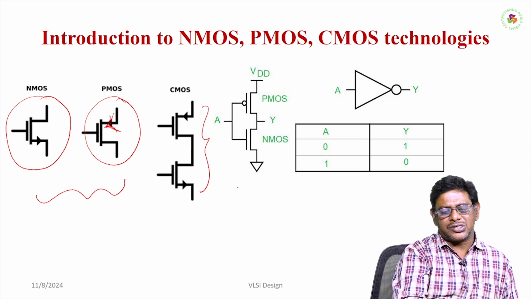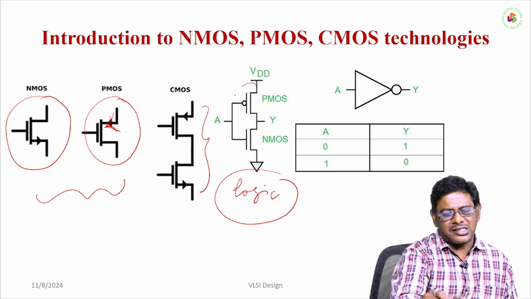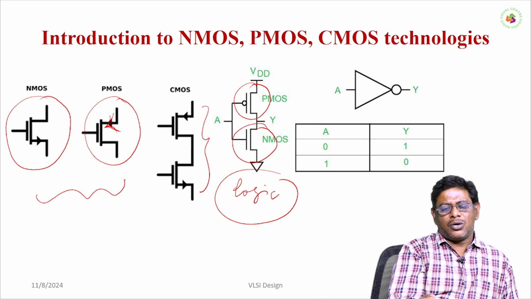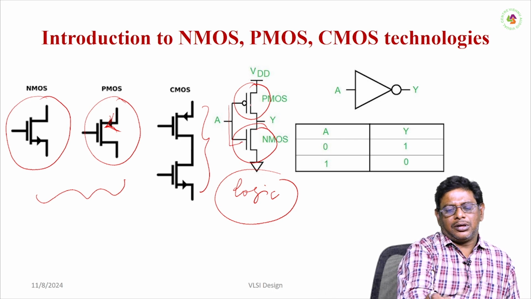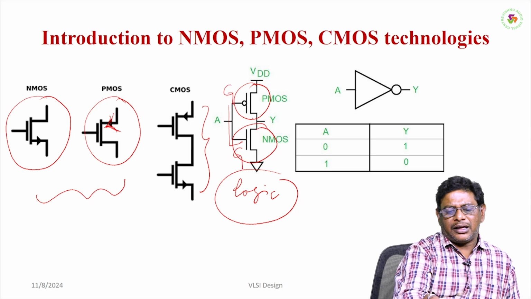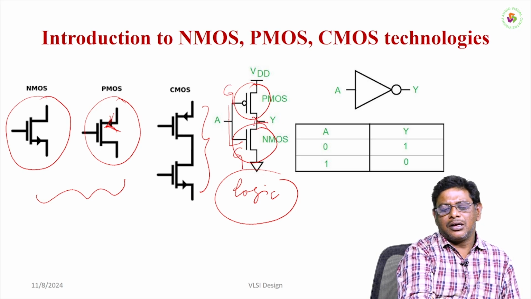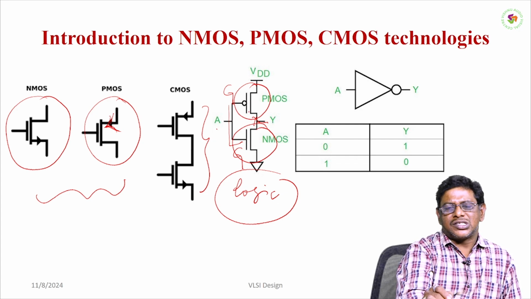And in the logic diagram, if you see, the PMOS is treated as the pull up transistor and the pull down is considered as NMOS. So considering A is the input signal for both gate terminals, and taking the combined point Y, whenever you have applied A to this, when A equal to 0, a complement input is applied at the gate, then this is acting like a closed switch.